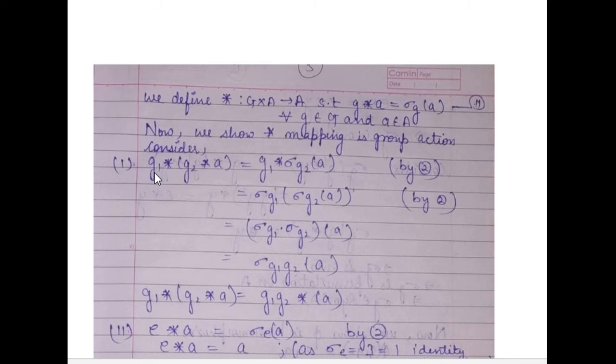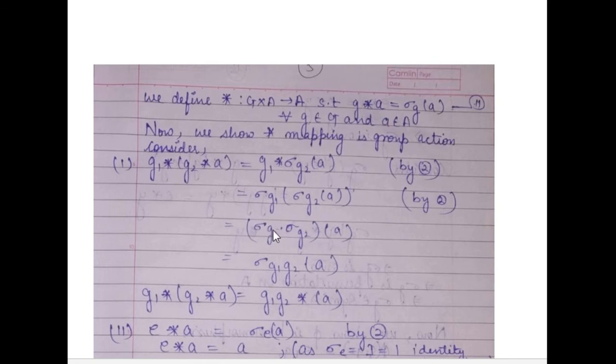And we consider g1 star (g2 star a), and by the definition of mapping this will be equal to g1 star sigma g2(a), which will be equal to sigma g1 (sigma g2(a)) by the definition of the star mapping.